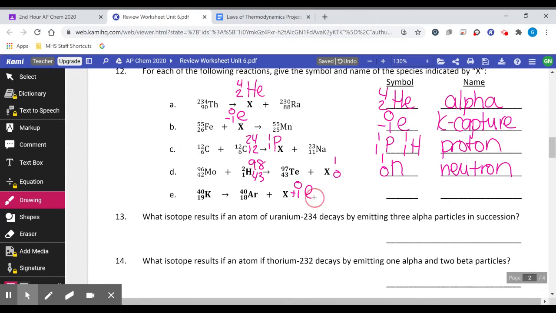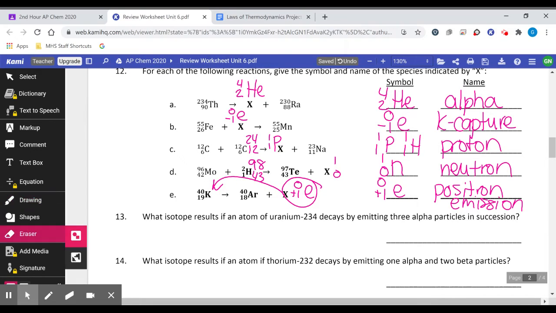Positron emission, the type of our decay. Good. If we saw this particle, but it was on the left side, what would we have called it? A capture. Good. Let me erase that though.